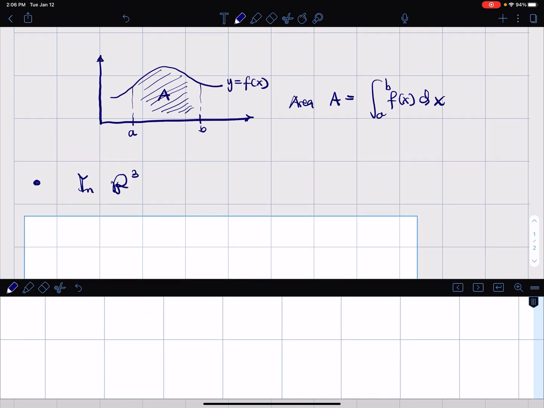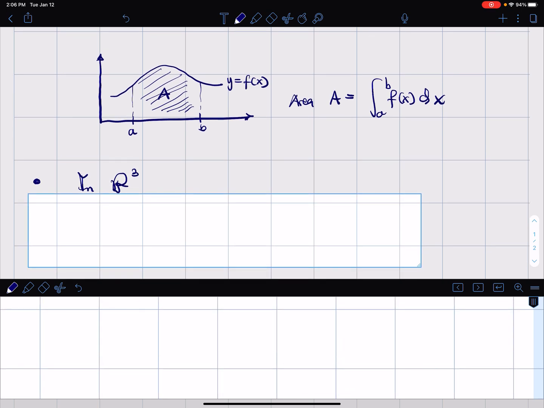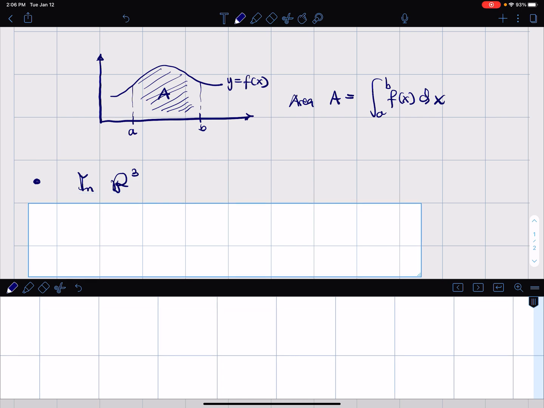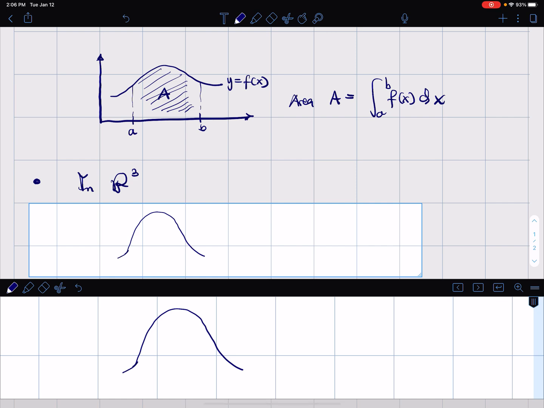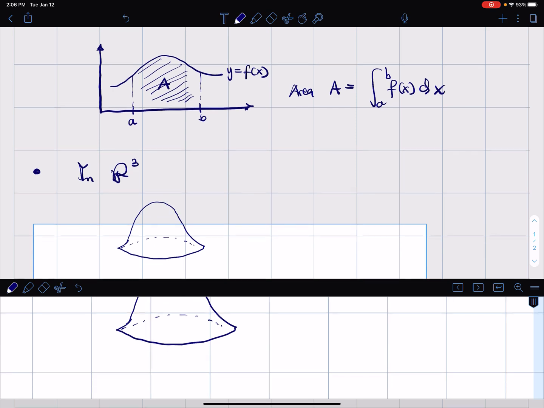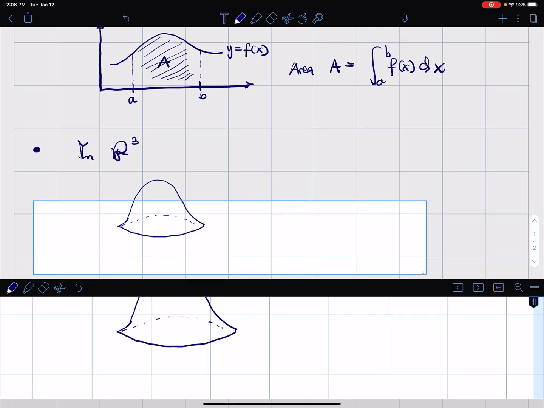Now, assuming we have a function in R3, I'm going to draw my usual go-to surface in R3 as the graph.